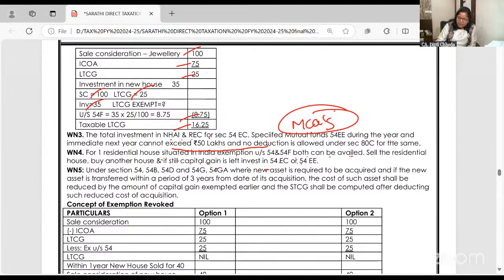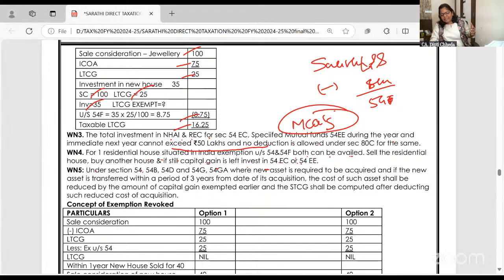See, sell the house, land and building, and buy the house. So that is 54. Selling land and building, you have purchased the house, so 54.